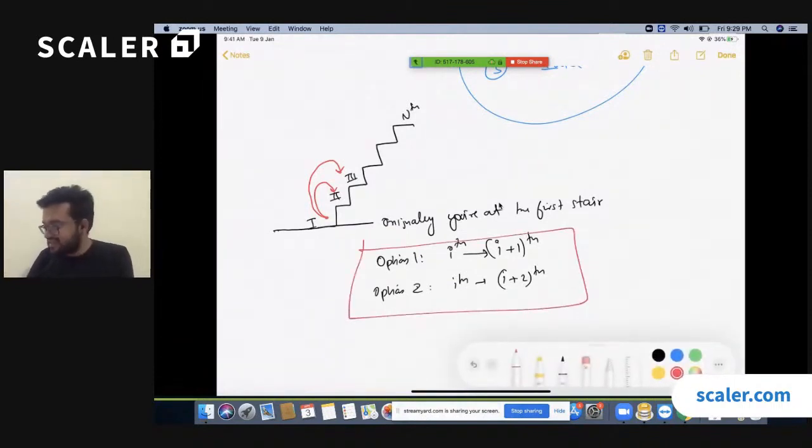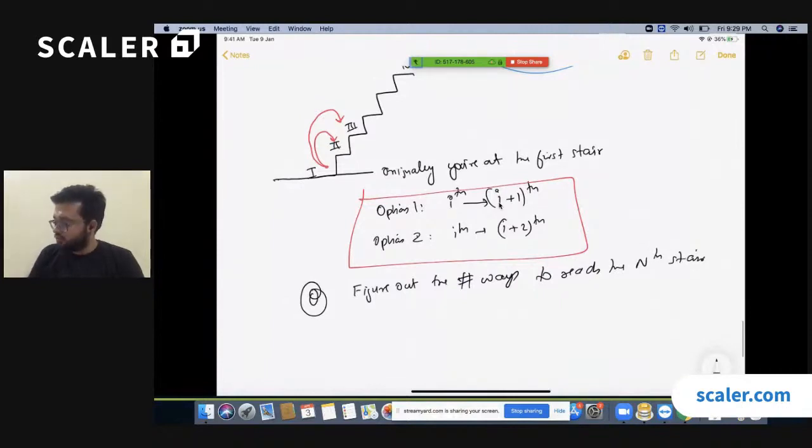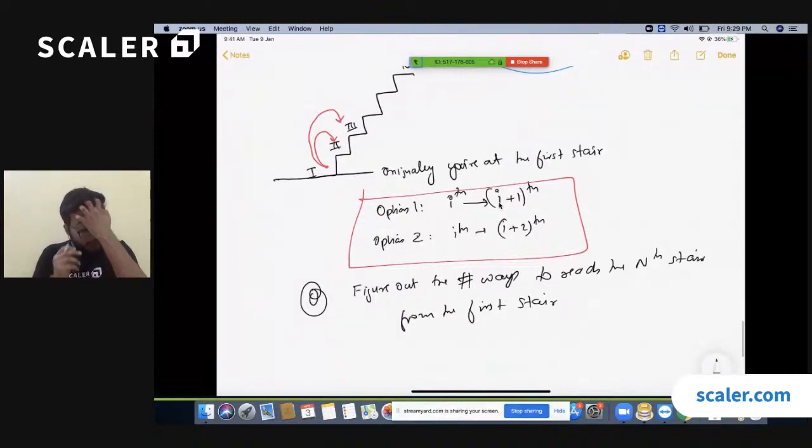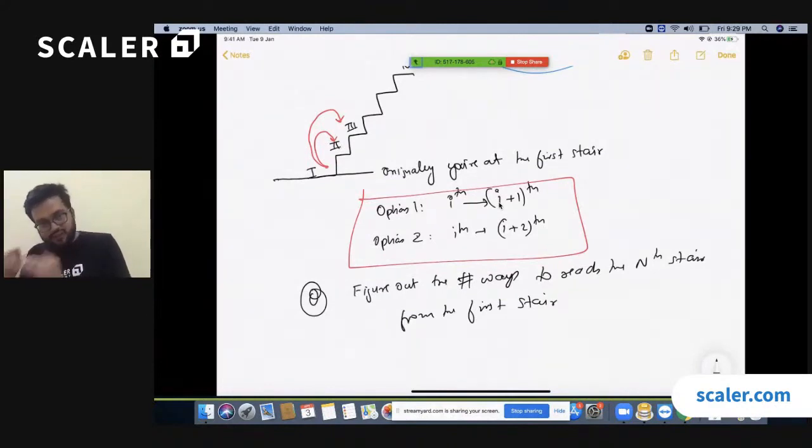The question asks you to figure out the number of ways to reach the nth stair from the first stair. What does that mean? How many distinct ways are there which will take you from the first stair to the nth stair? I hope the problem is clear to everybody.